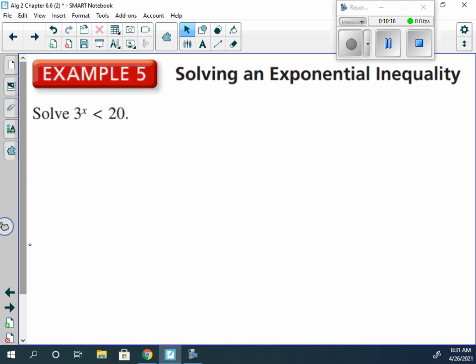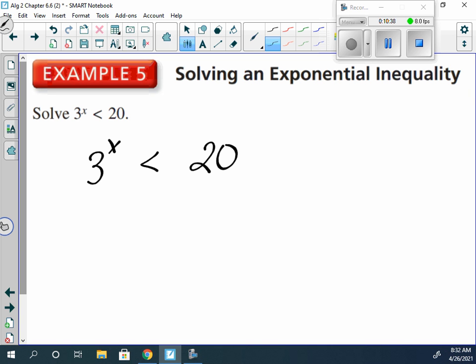So the only other thing that we're going to cover in 6.62 is inequalities, solving exponential and logarithmic inequalities. Now, the way that we solve exponential inequalities is going to be the exact same as we solve exponential equations.